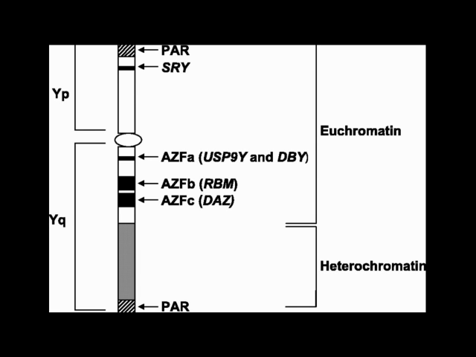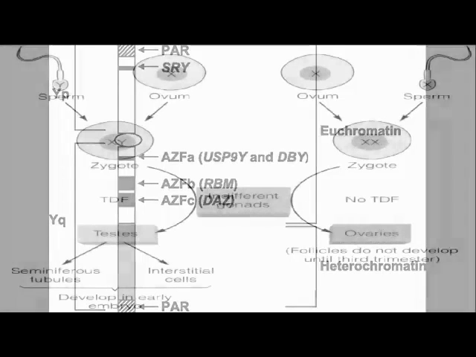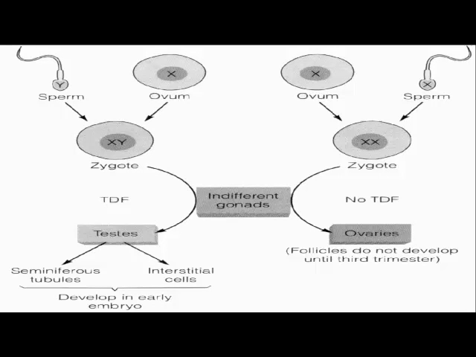TDF is also known as SRY protein. Within primitive gonadal cells, TDF directs a series of events that leads to differentiation of the gonads into testes. Next is the phenotypic sex. Phenotypic sex is the apparent anatomic sex of an individual.